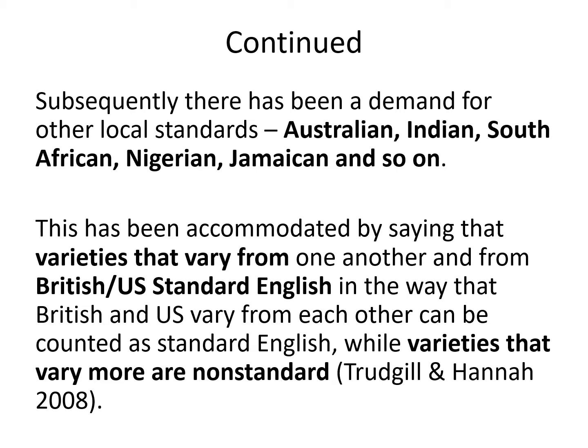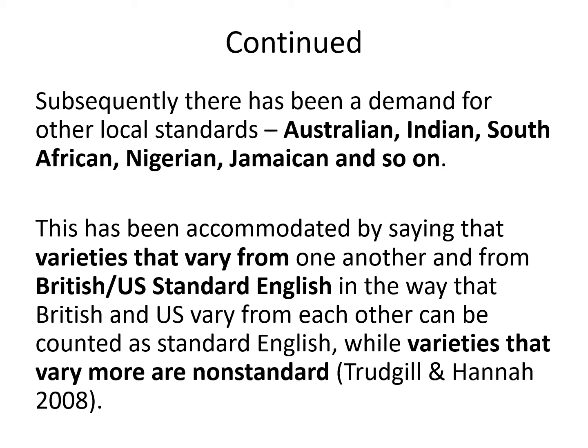After discussing these standardized varieties, RP and GA, there are also some non-standardized varieties we can find in local standards or local varieties of the English language, because there are many people in this world who are non-native, second language learners or foreign language learners of English. So they use English with local accents, local varieties, local standards.